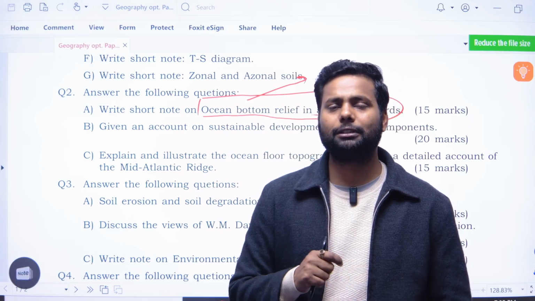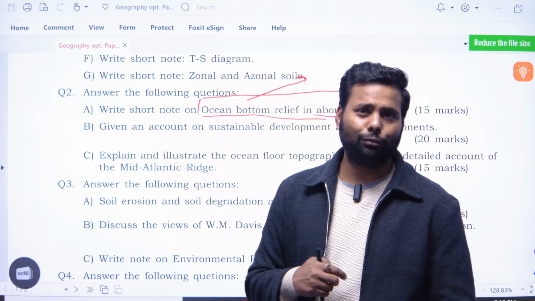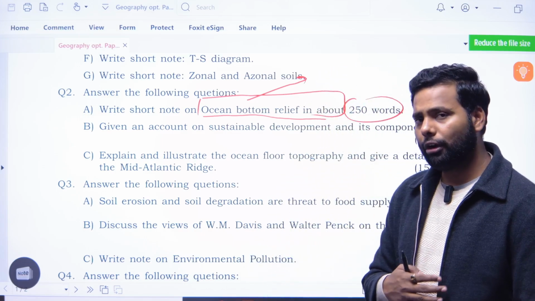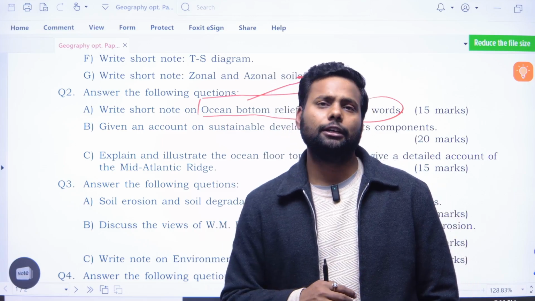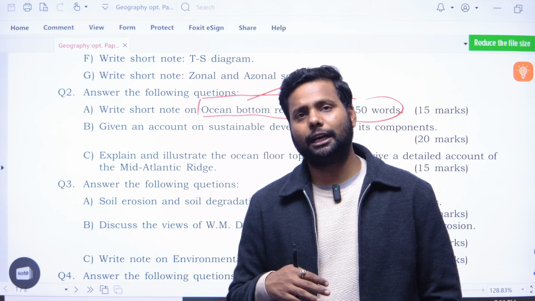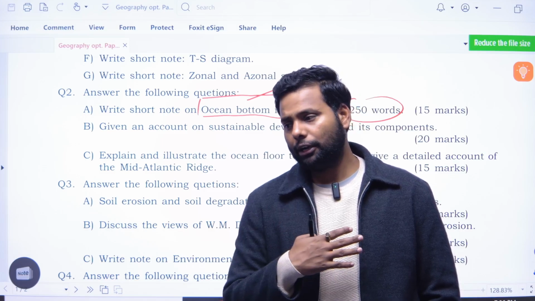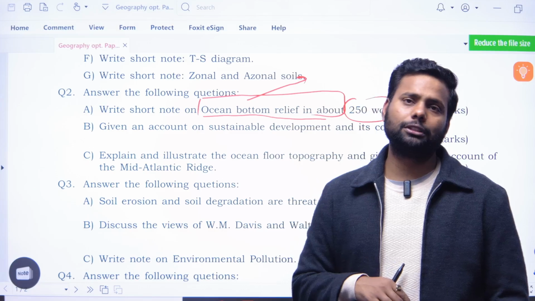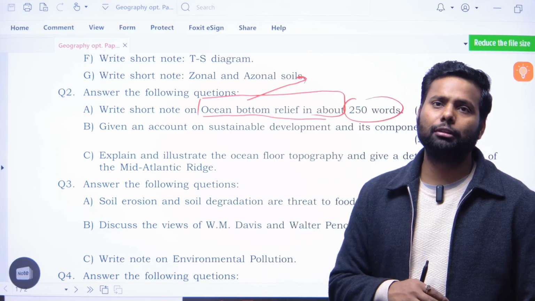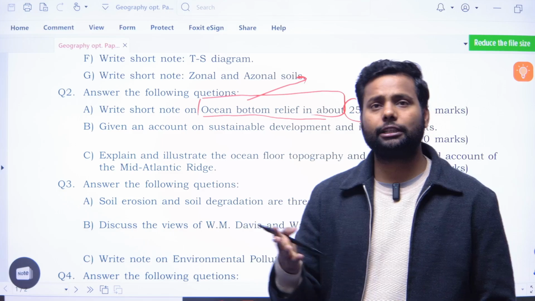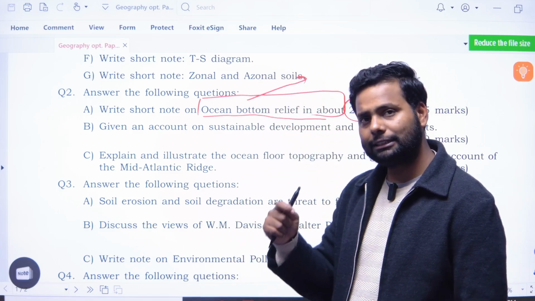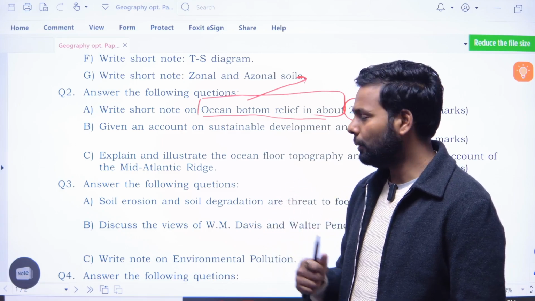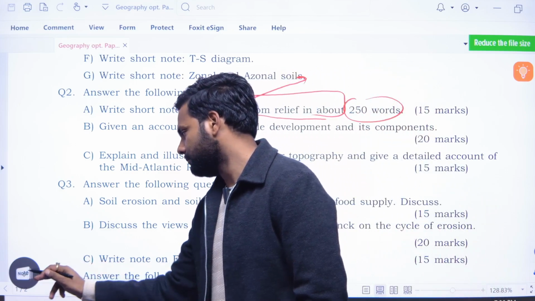You have to remember this quote, because we have almost exploited all the resources of the continents, so humans are looking toward the oceans hopefully, because the oceans are a reservoir of minerals. You have to remember this and put this type of content in your answer.